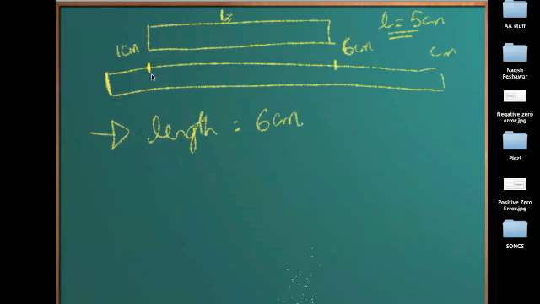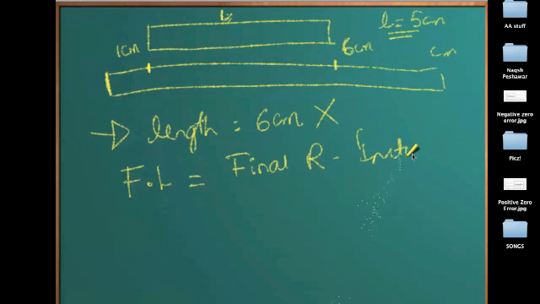Because the initial position is not 0 centimeter, it's initially 1 centimeter. So I will have to subtract the initial reading from the final reading to get the exact length, which would be 6 minus 1, giving us 5 centimeters again, which is correct here.